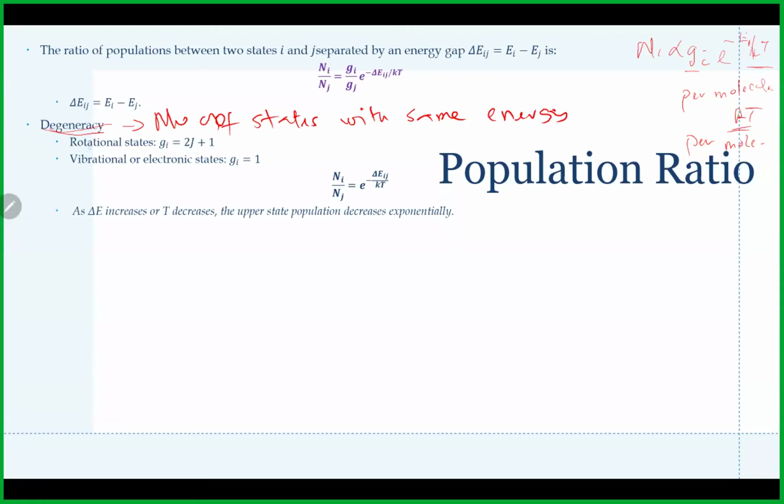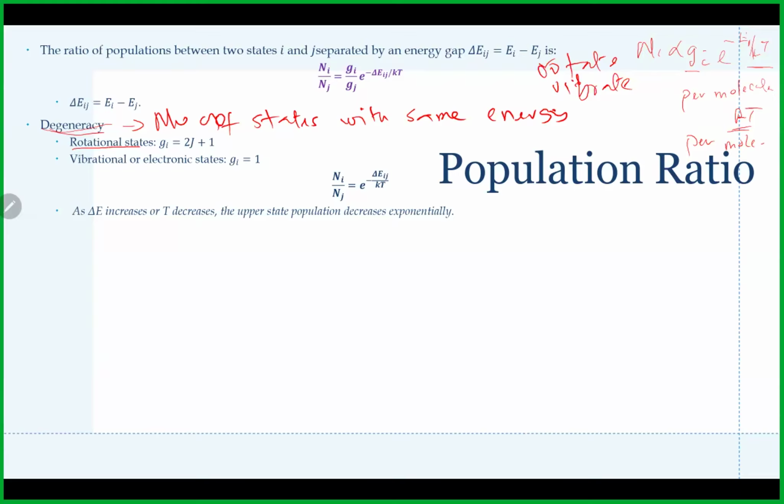So rotational levels, molecules can rotate, molecules vibrate. Those are energy levels that we're talking about. I keep on saying this because we're going to keep on talking about them. Then molecules have electronic transitions, and then there's the spin states as well.